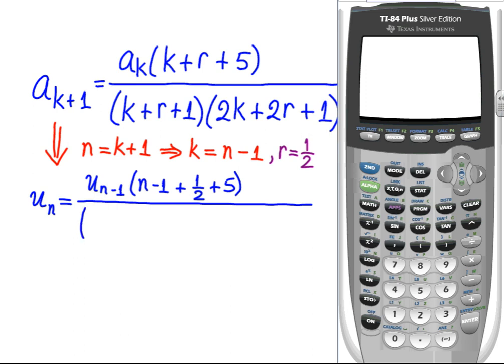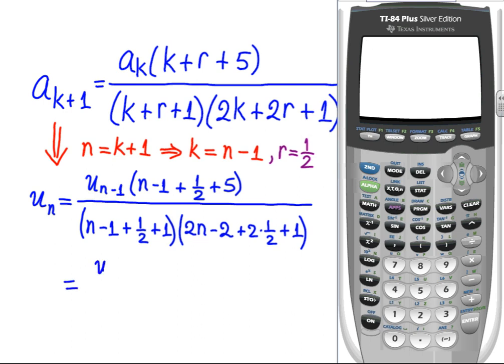At the bottom, k is n minus 1 plus r plus 1, r is 1/2. And then 2k: 2 times n minus 1, so 2n minus 2, plus 2 times r, which is 1/2, plus 1. Simplify this.